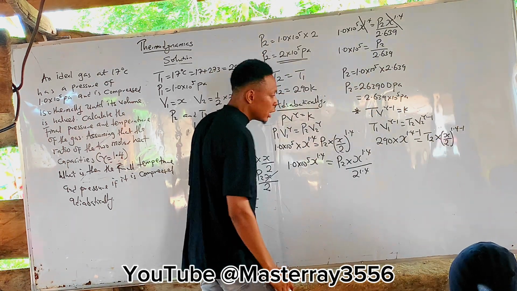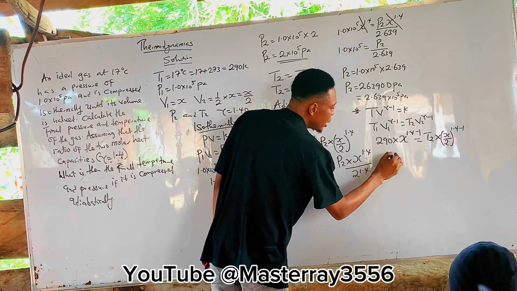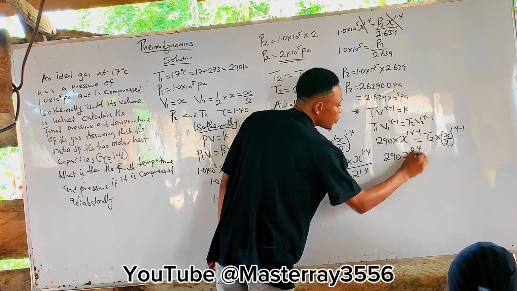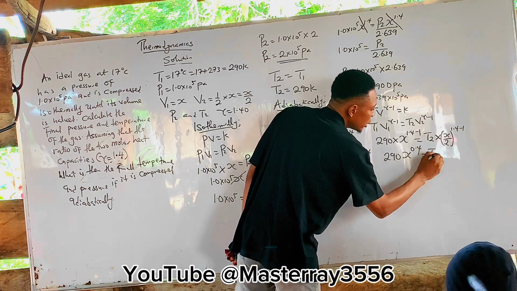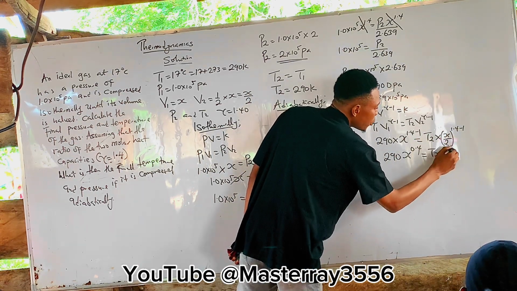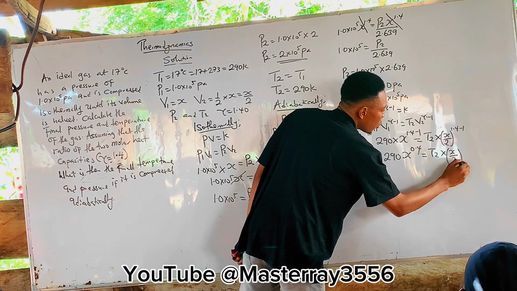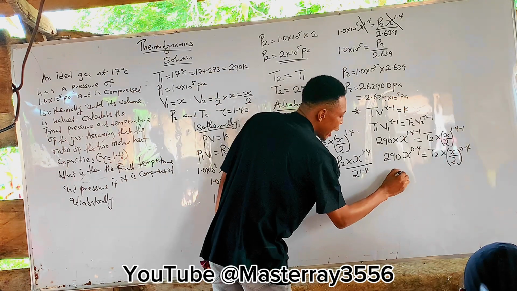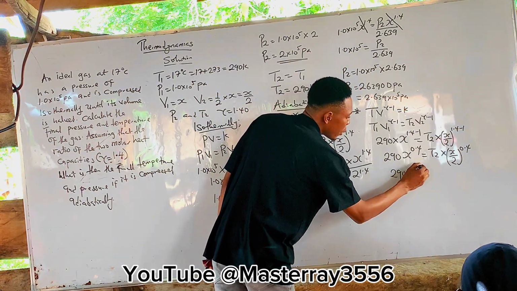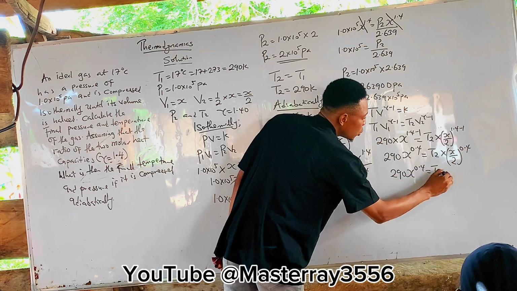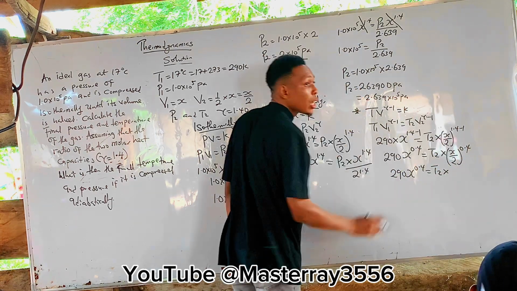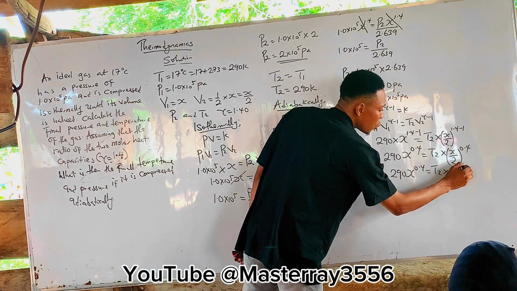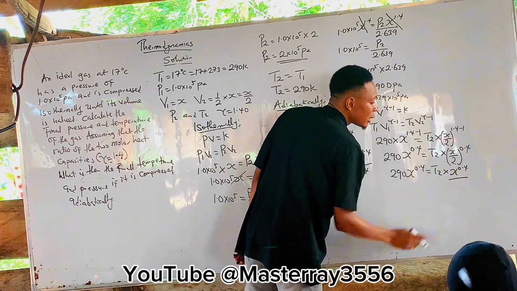Are you getting it? So from there we have 290 times X to the 1.4 minus 1, which is 0.4, equals T2 times X over 2 raised to power 0.4. Are you following? So we have 290 times X^0.4 equals T2 times, everything is raised to 0.4, right? So X^0.4 all over 2 raised to power 0.4.